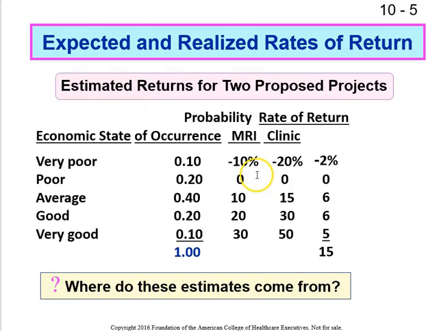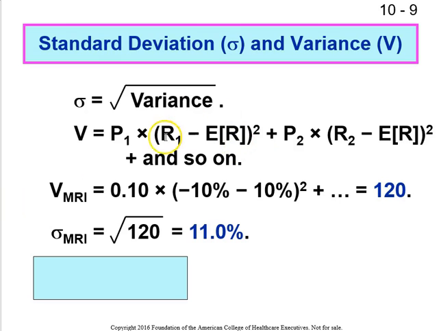The expected rate of return minus these returns, whatever it is, for the given probability of occurrences. Let's say, for example, I'll pick on this one because it's easy. 10 minus 10 is 0. Squared is 0. So that gives you what would be in the brackets right down in this part of the problem. And then you just multiply that times the probability. In this case, it's 0 because 0 times something is 0.